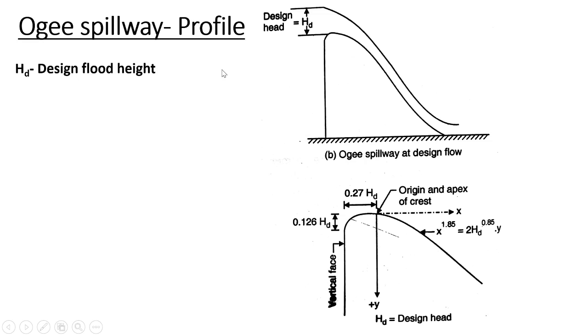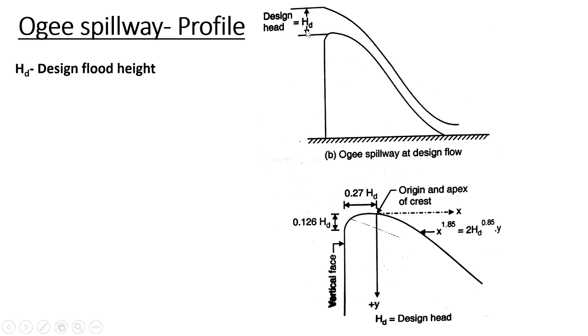This is the Ogee spillway profile. How can we construct or design the profile of an Ogee spillway? Ogee shape means it's a combination of convex and concave shape. Here you can see a design head. That design head means design depth of water from the top of the dam.